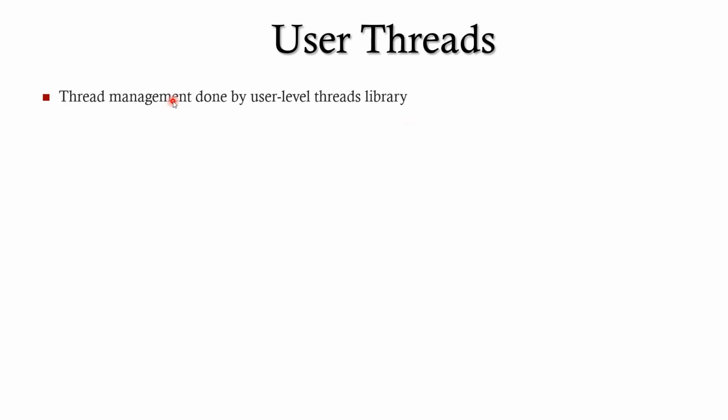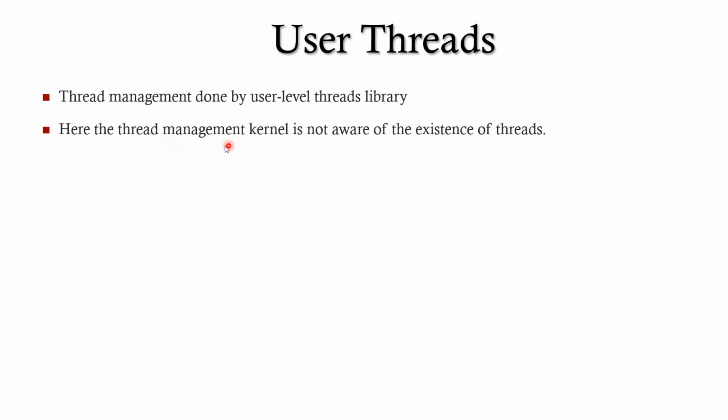So when we talk about thread management, we are talking about the four basic thread management operations: thread creation, thread termination, thread join, and thread yield. Here the kernel is not aware of the existence of the thread as it is a user level thread.